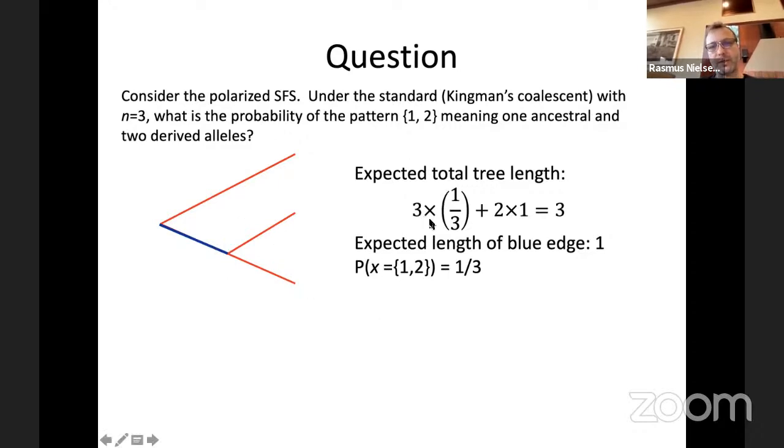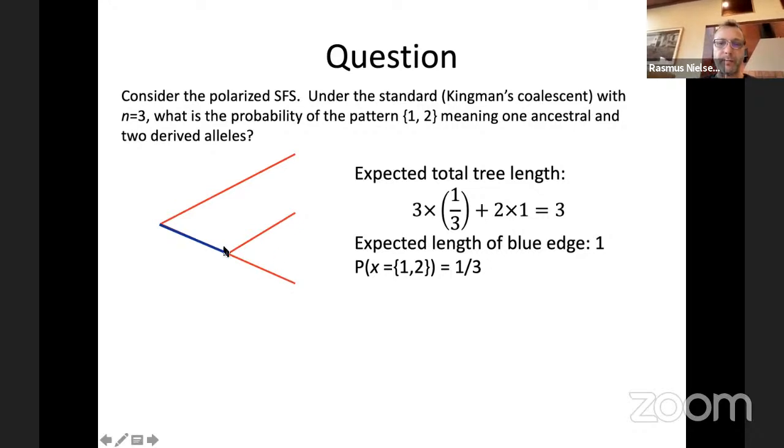So it's 3 times the time in the tree in which there are 3 lineages, which I was saying was a third, and 2 times the time in the tree in which there are 2 lineages, and the expected time in the tree in which there are 2 lineages is 1, as I mentioned before. So it's 3 times a third plus 2 times 1. That's 3. That's the expected total tree length of this tree. So the sum of the length of all of these branches.